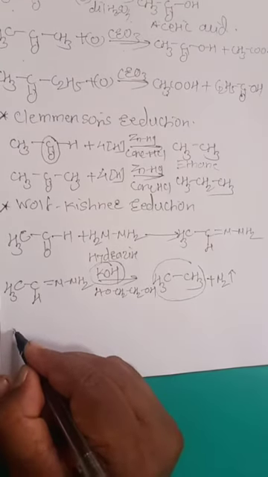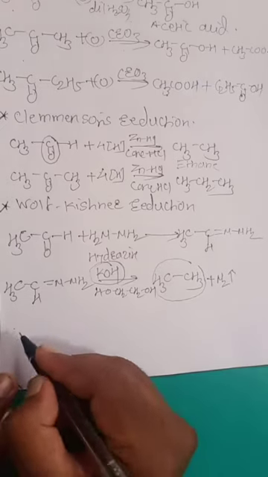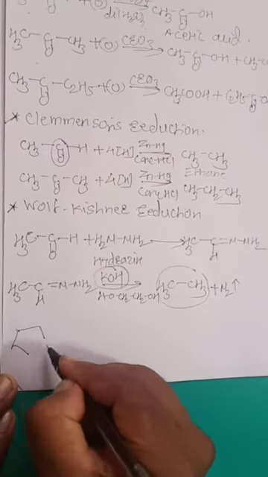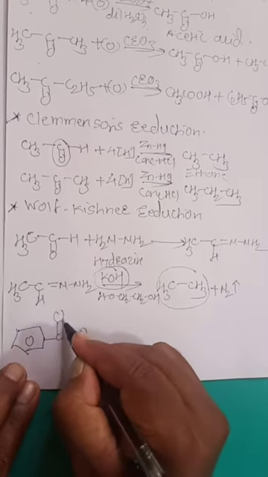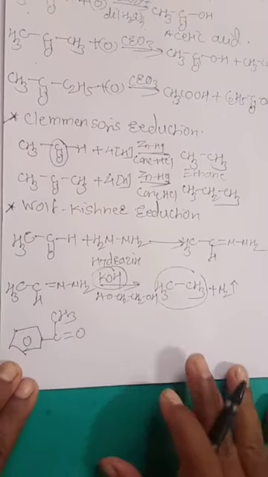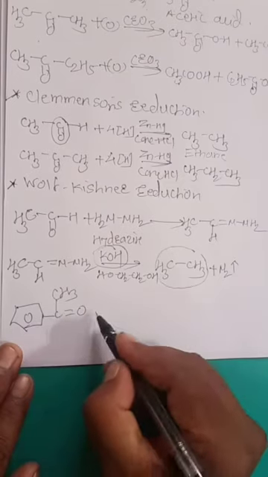We can take another example, that is CH3COC6H5. This is acetophenone.